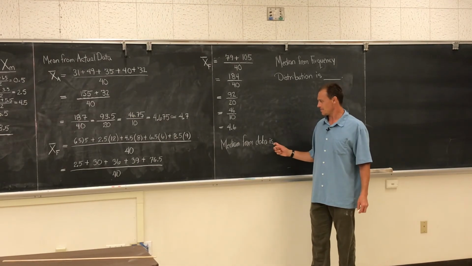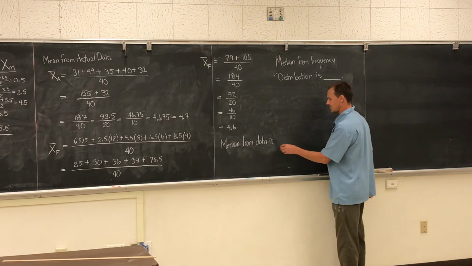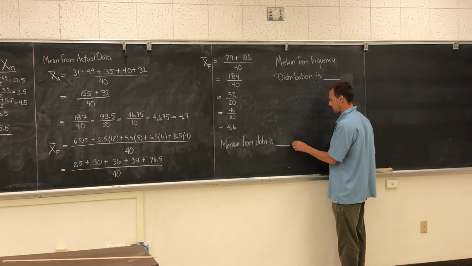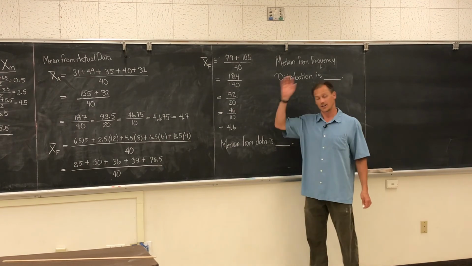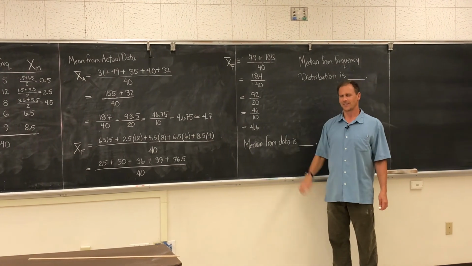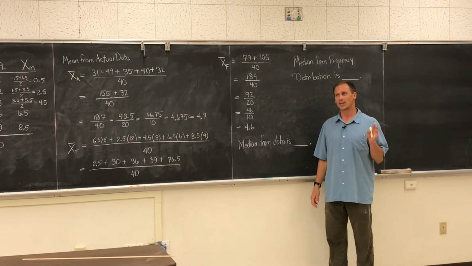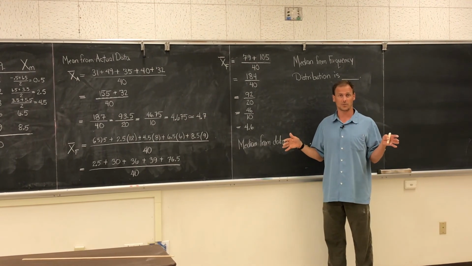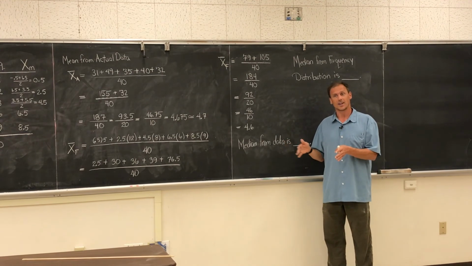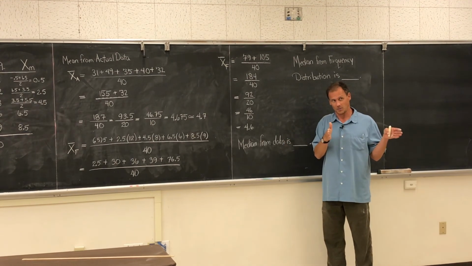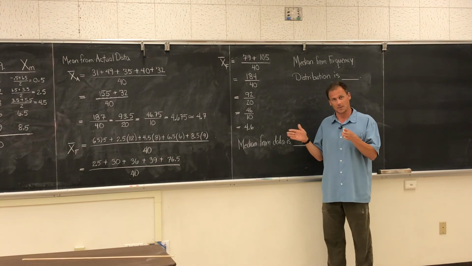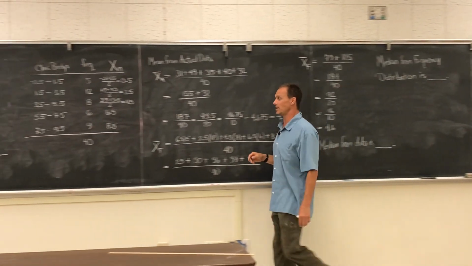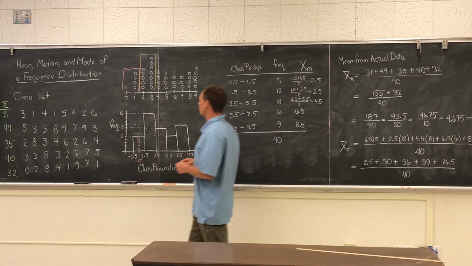Let's find our median from the data. You could look at your dots, but let's do it another way. Think if you have 40 dots, then the middle of those dots would be 20 dots. And you'd have 20 in the lower half and 20 in the upper half. So let's go count 20 dots. See what happens.